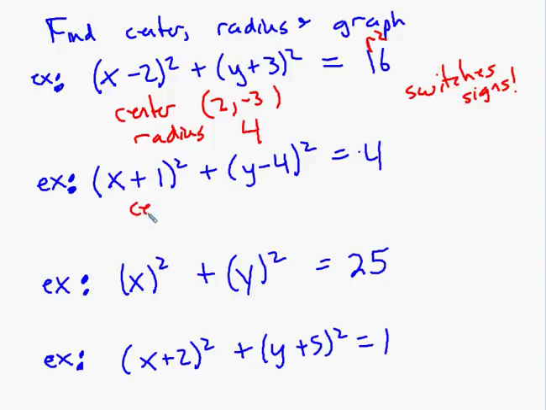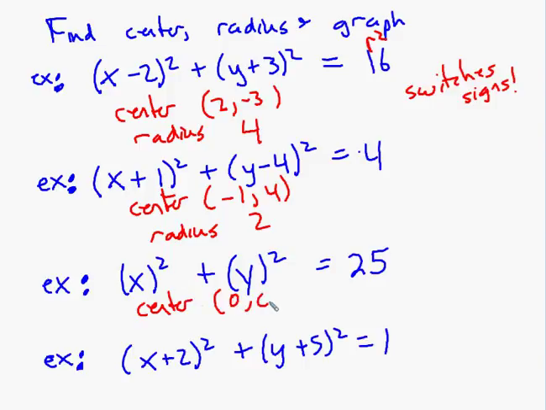How about the next one? Someone else. What's our center? -1, 4. Yep. And what's our radius? And the next one. No, Mr. King, there's nothing there. If it's not there, zeros. So 0, 0.